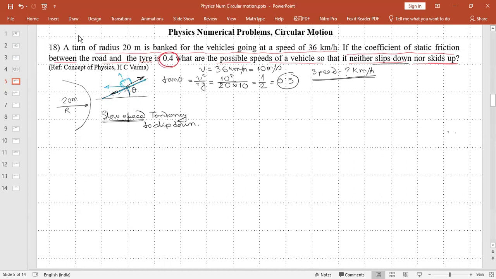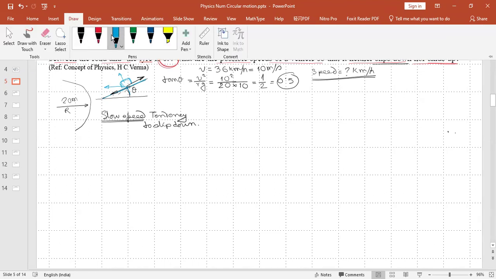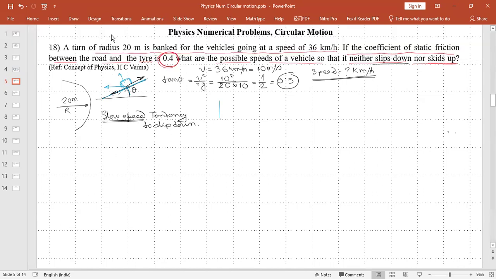In this case, let us draw the force diagrams. This is the angle theta.